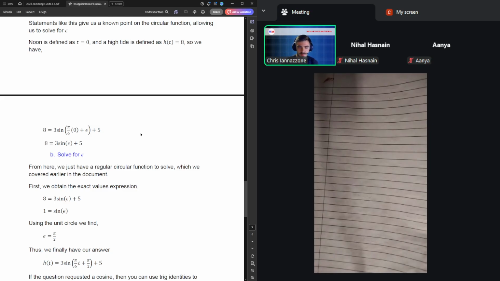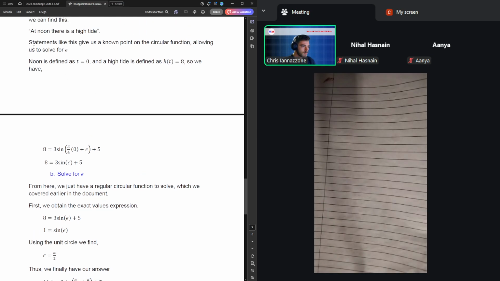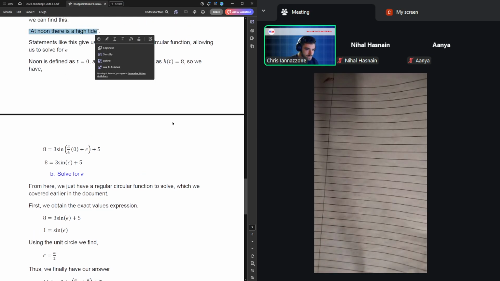Bit of a tricky question, but maybe something to consider for investigation type SACs. It has to do with the statement that I've highlighted there, that being the point we subbed in: at noon, there is a high tide.